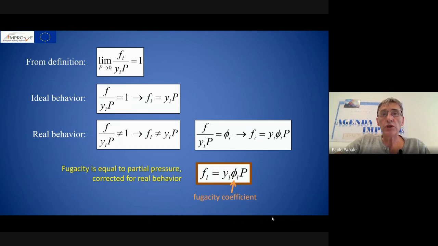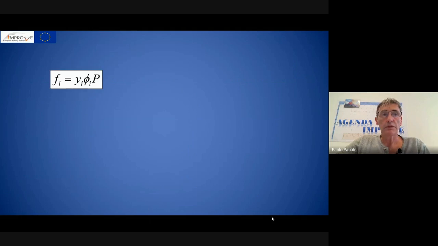Therefore, for each component in a mixture, the fugacity is given by the partial pressure of that component multiplied by a correction coefficient called the fugacity coefficient that describes the deviation from ideal behavior. This expression, which is reported here, is very useful, but it's not the only way to express the fugacity of a component in a mixture.